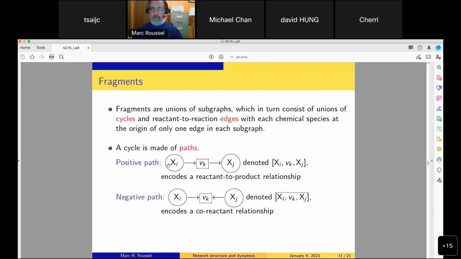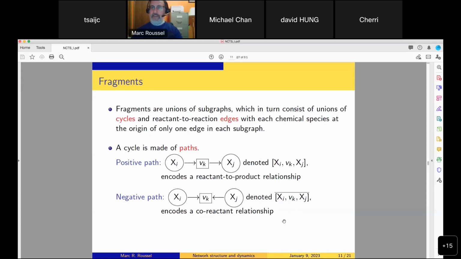We also have negative paths, and in a negative path, we have two chemical species that point to the same reaction. So if you think about what's going on here, these are two reactants in the same reaction. And so the negative path encodes a co-reactant relationship, and we denote the negative paths by putting a bar over the list of things in it.